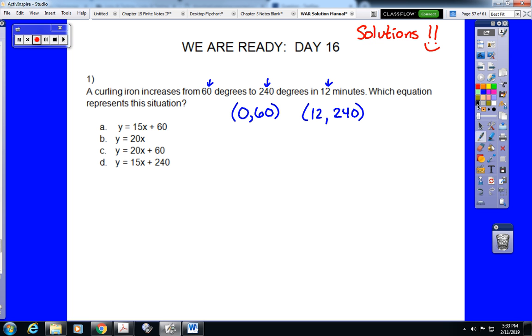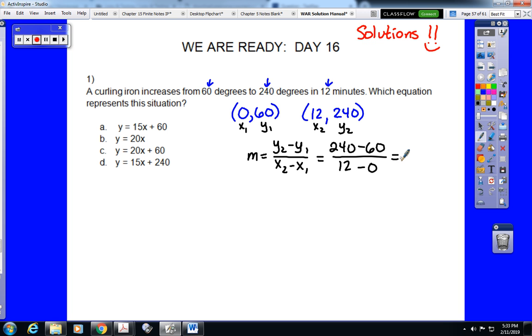So what you should start off doing is the slope formula, y2 minus y1 over x2 minus x1, where x1 and y1 are the first point, x2 and y2 are the second point. That would be 240 minus 60 over 12 minus 0, which is 180 divided by 12, giving us a slope of 15.